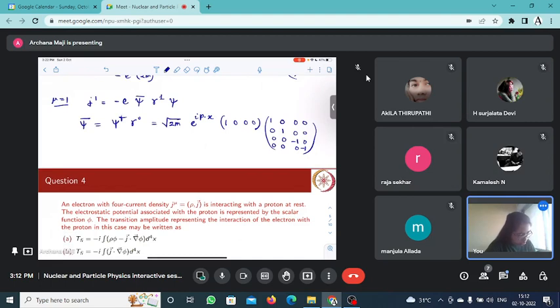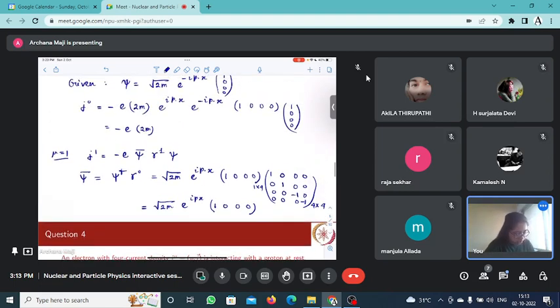So this is a 1 by 4 matrix, and this is 4 by 4, so we will get a 1 by 4 matrix: exponential i p dot x, 1, and then the rest will all be 0. So that is psi bar.